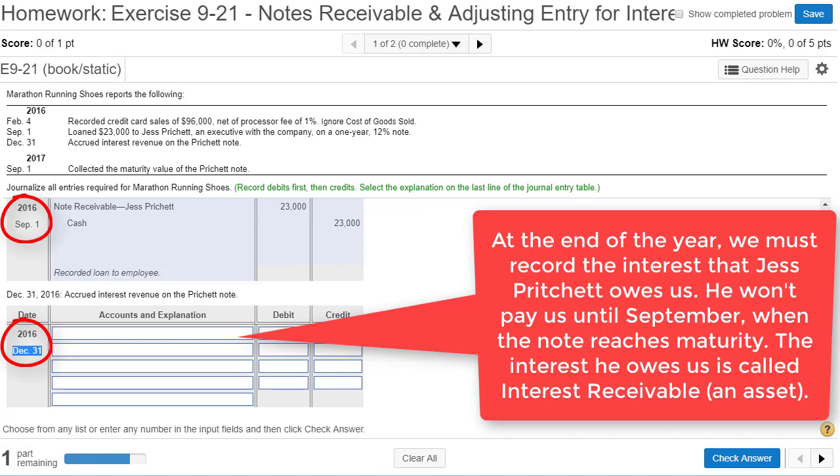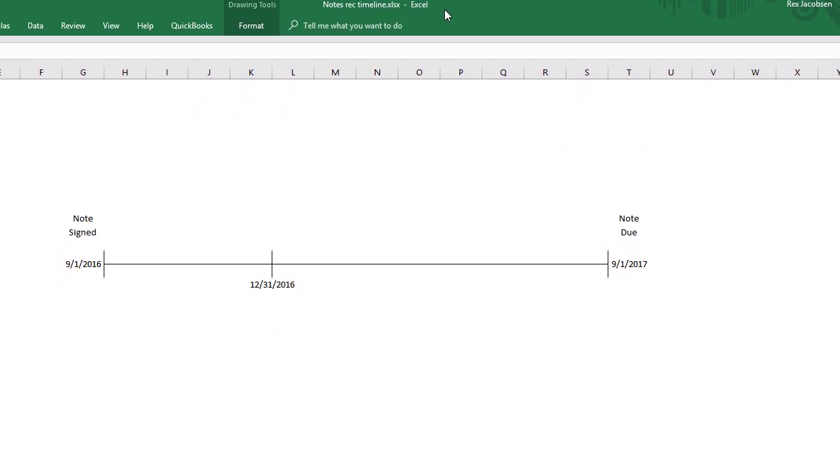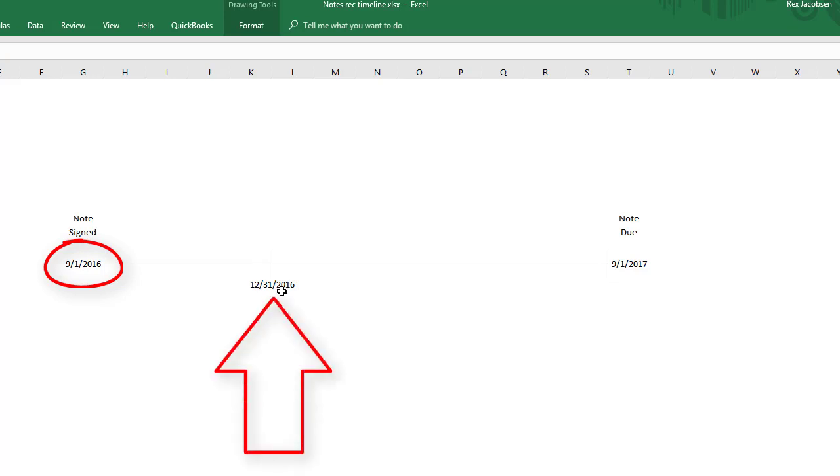So let's talk about the timeline. In Excel, I just created this timeline to show you what's going on. On September 1st, 2016, we signed the note. Actually, our employee Jess Pritchett signed the note and gave it to us. And now it is December 31st.